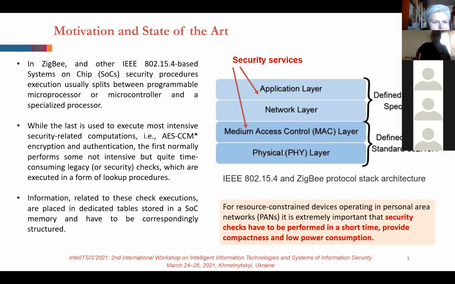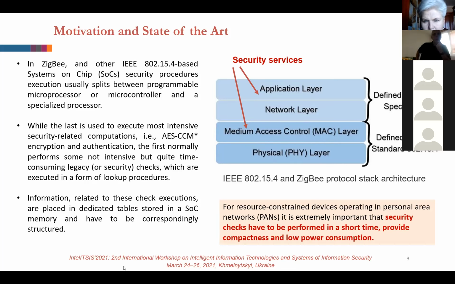The execution of the security procedures usually splits between a programmable microprocessor or microcontroller and a specialized processor. The latter is used to execute the most intensive security-related computations like AES, CCM star encryption and authentication, and the former normally performs some not intensive but quite time-consuming security checks, which are executed in the form of lookup procedures, which we examine in this report.